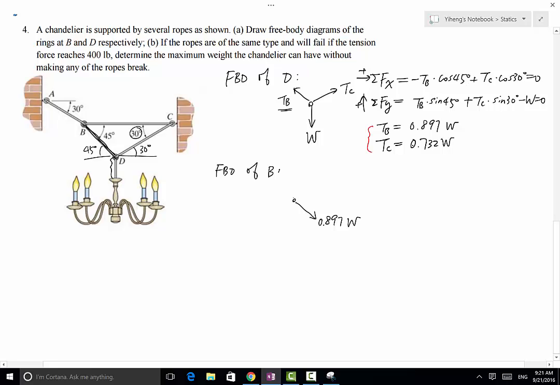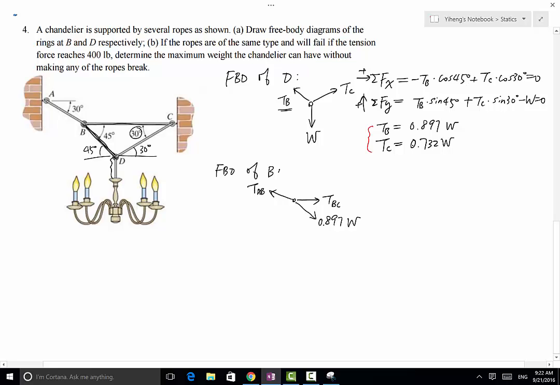I also have this force right here in this cable, called TBC, and lastly, this force right here, called TAB.